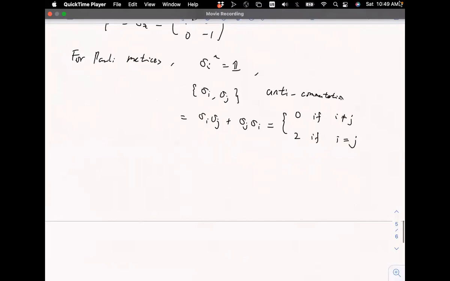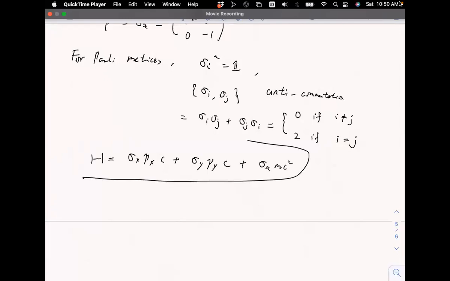So the Hamiltonian will have a form like this: sigma x px c plus sigma y py c. So still, this kind of Hamiltonian you cannot find in any classical mechanics. It is there because the electron is not a classical object, because it has the spin.